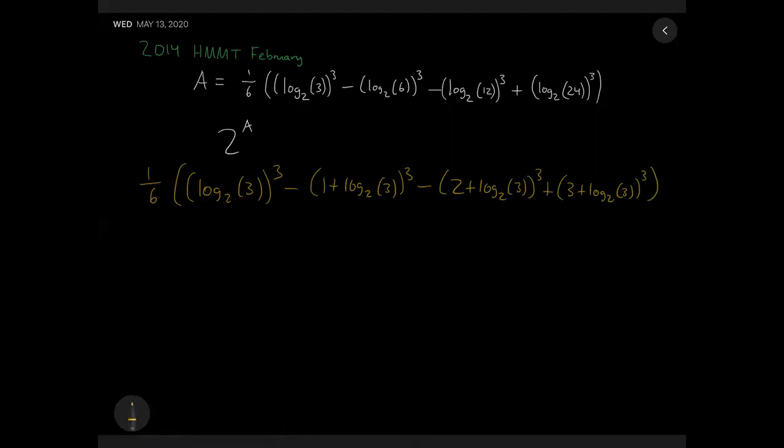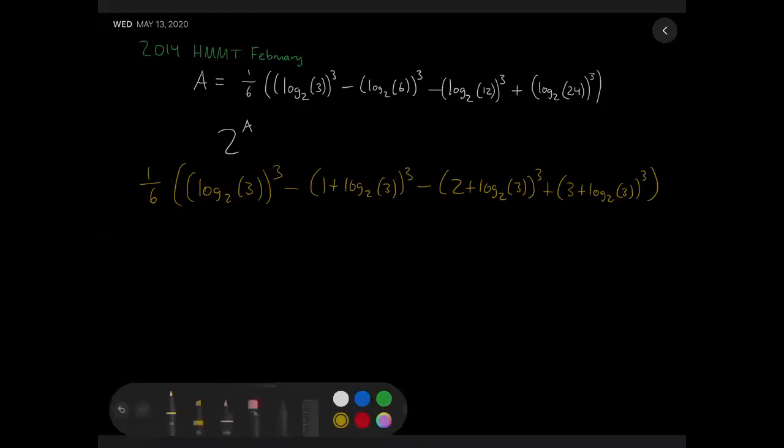So the first thing you should notice, we have a lot of log 2 of 3s, right? And remember, substitution: you try to find patterns and make those patterns look simpler to you. So let's say a is equal to log 2 of 3.